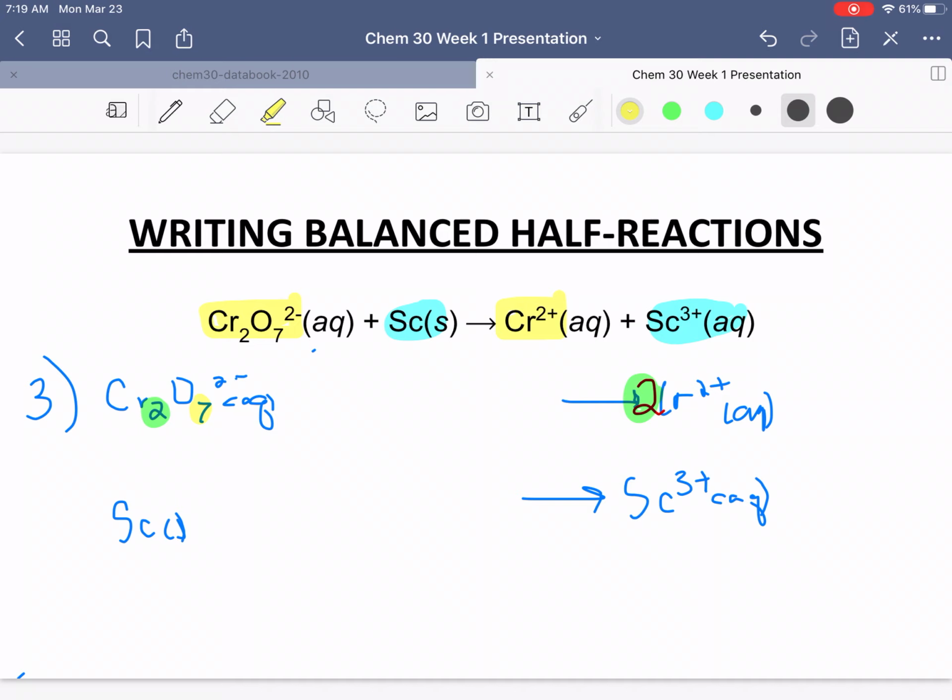And the way we do this is by adding water. Why? Well, guys, these are aqueous environments. If they're aqueous, then water is present anyway. Of course we can add more water. 7 oxygens going in means that I'm going to have to add a total of 7 waters coming out. Okay? Because there's 7 oxygens in those 7 waters.